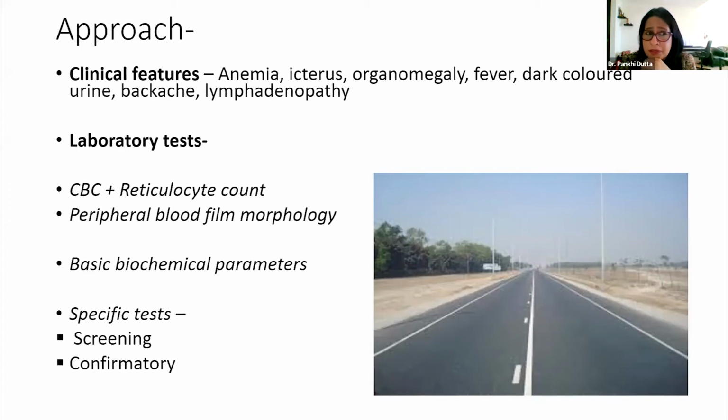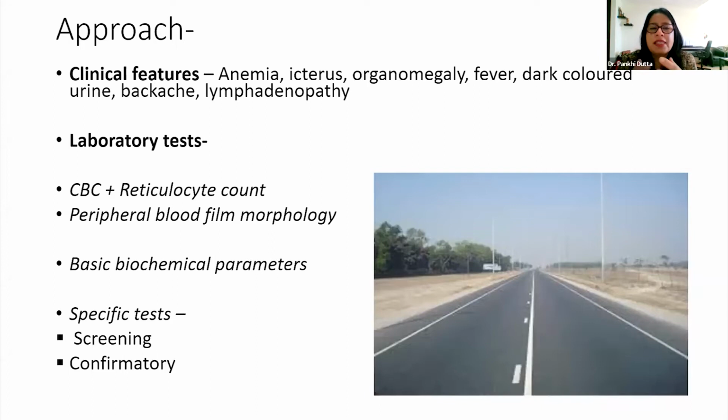Then come the laboratory tests, which would start with the CBC, definitely logical, and the retic count should never be missed. It's very, very important. And a good peripheral blood film morphology by somebody who is experienced. And along with that, one has to add the basic biochemical parameters like bilirubin, haptoglobin, LDH. I think these are the most commonly performed. Then come specific tests.